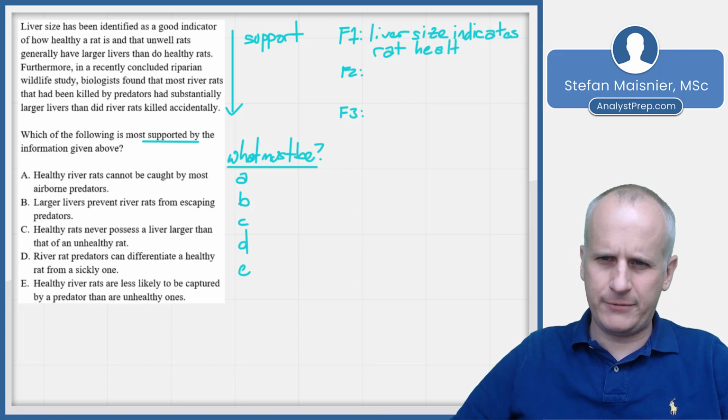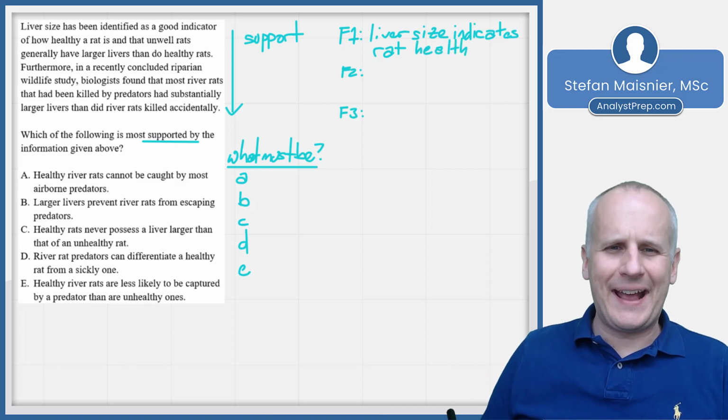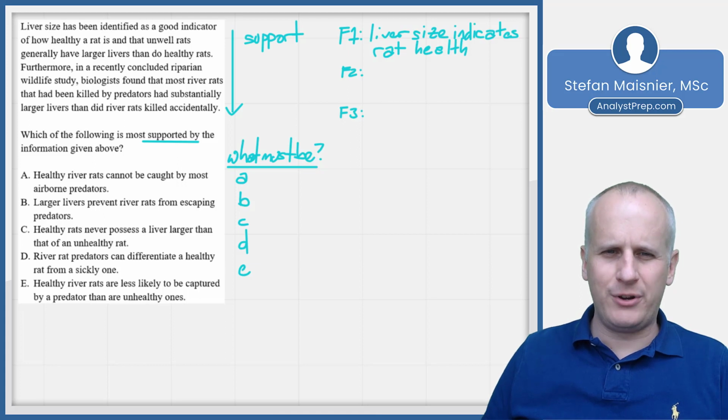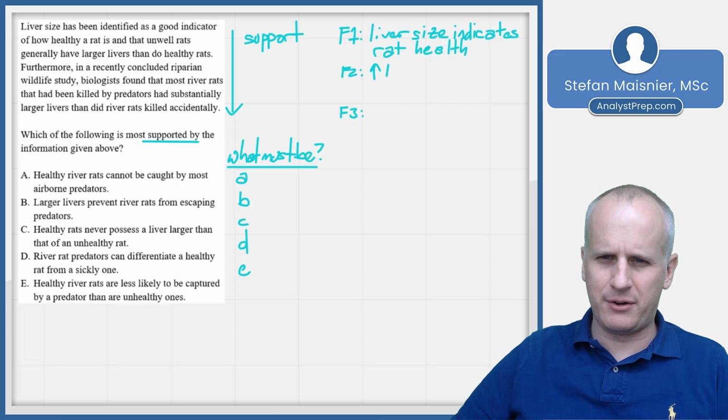All right, learn something new every day. And that unwell rats generally have larger livers than do healthy rats. So if we got a bigger liver, so an increase in liver size, that's going to be equal to an unwell rat.